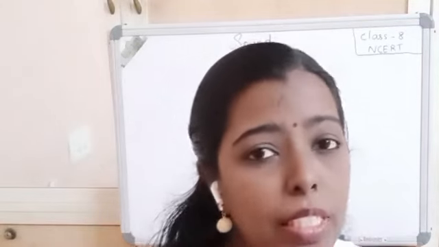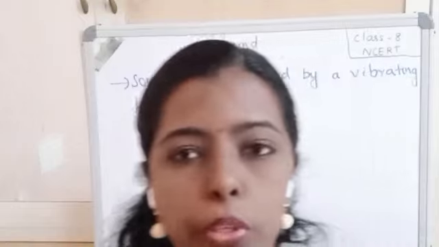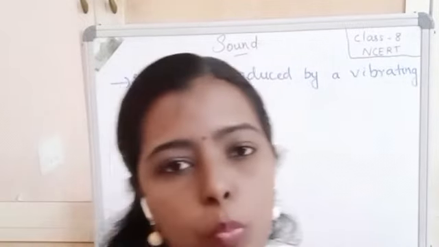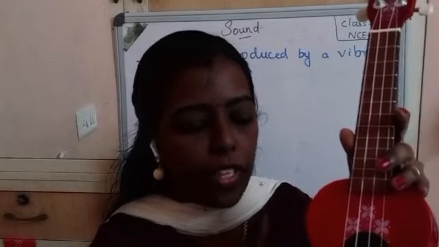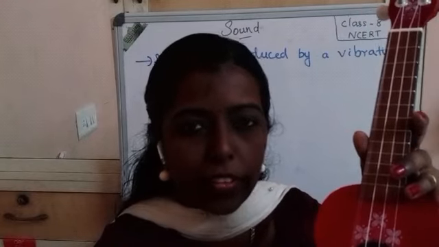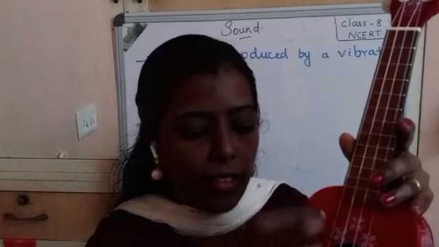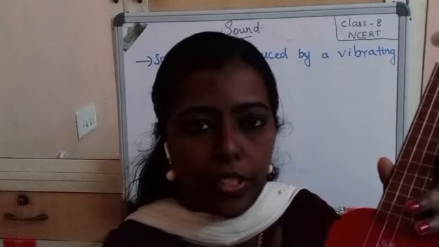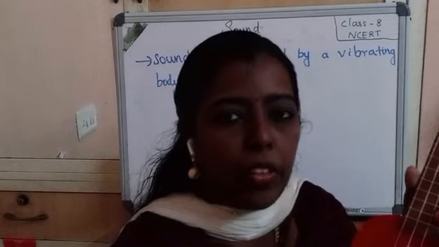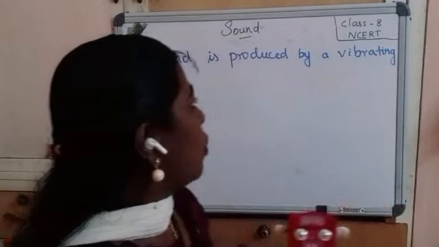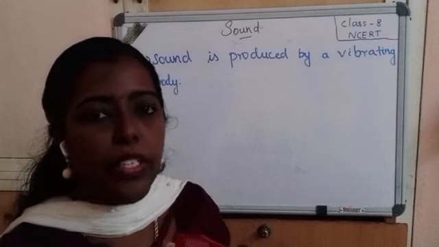And how can sound be produced? By a vibrating body. For example, this is a guitar. When I pluck this guitar, the guitar string vibrates. Due to this vibration, it makes sound. So sound is produced by a vibrating body.